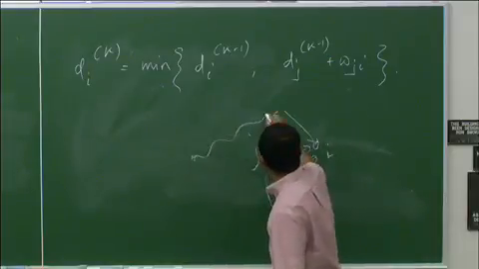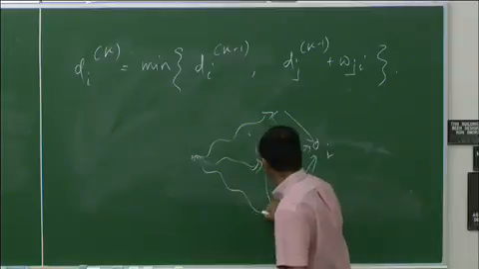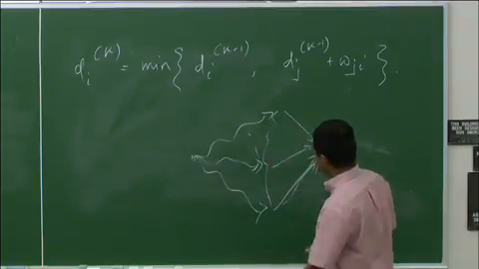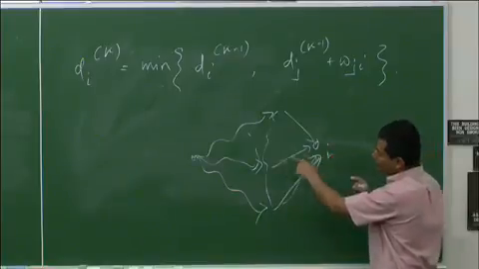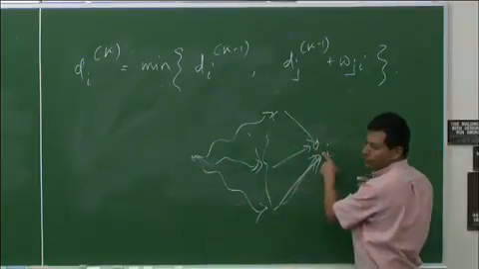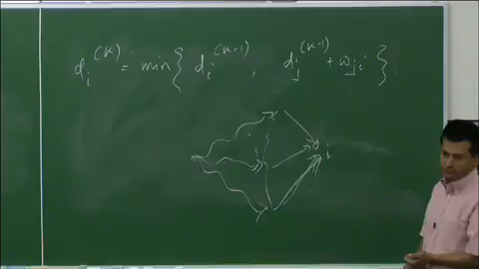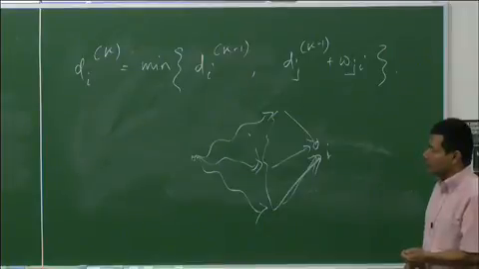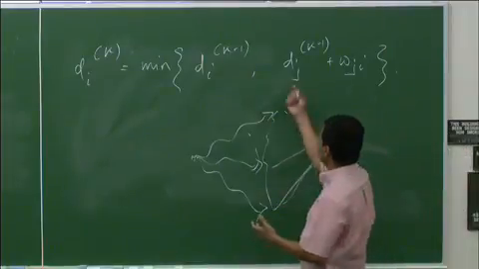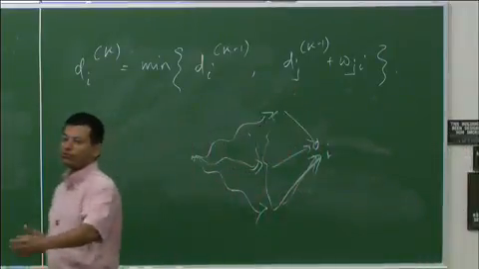From the source node, you come to any one of these and then you make the final jump. So, that is at most length k minus 1 plus 1, so at most length k. Agreed?